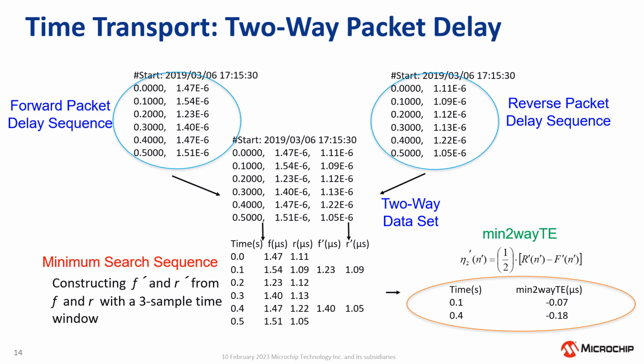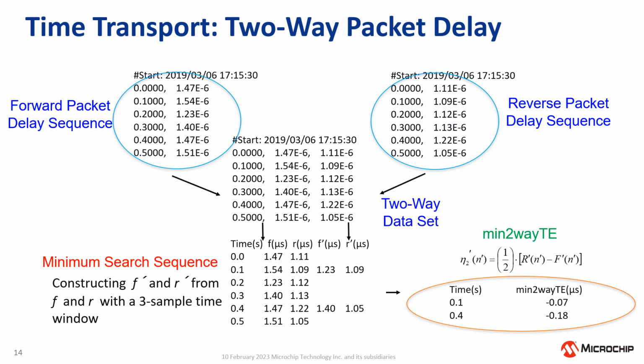And then finally, at the middle of the slide at the bottom, there is a search performed on the forward and reverse packet sequences, which then result in the two pairs that you see there, 1.23, 1.09, and 1.4, 1.05. These are the packet selected forward and the packet selected reverse sequences.